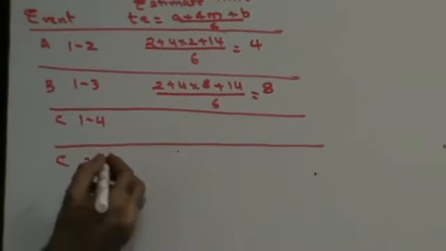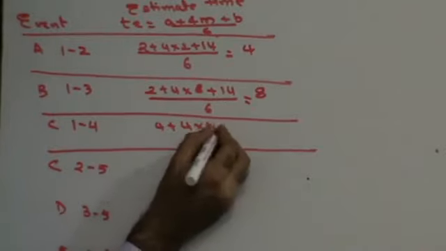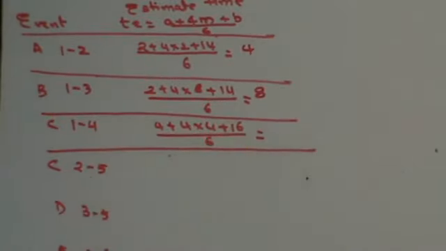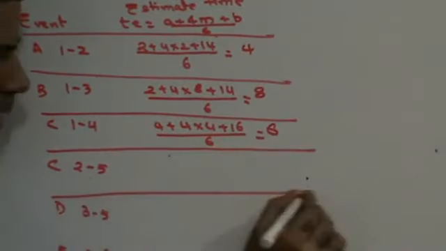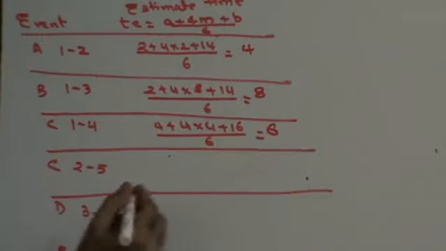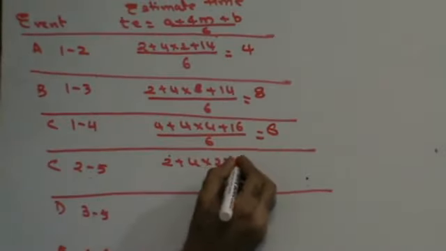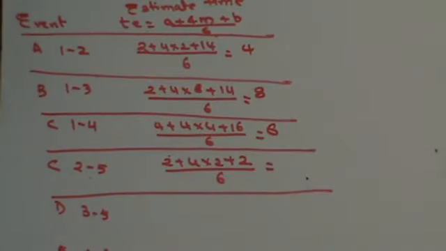Next, 4 plus 4 into 4 plus 16 upon 6, which comes to 6. Next, 2 plus 4 into 2 plus 2 upon 6, which is 2.